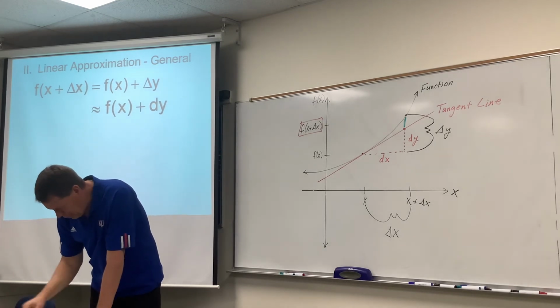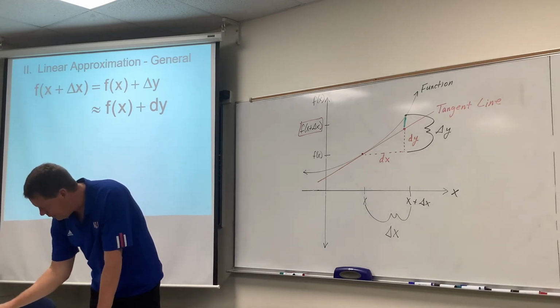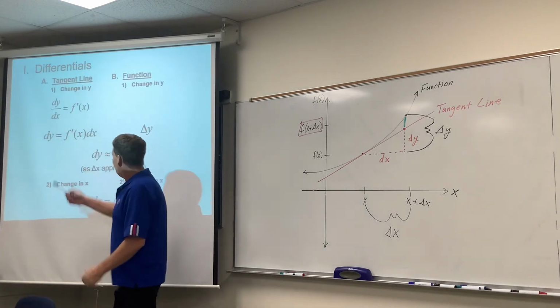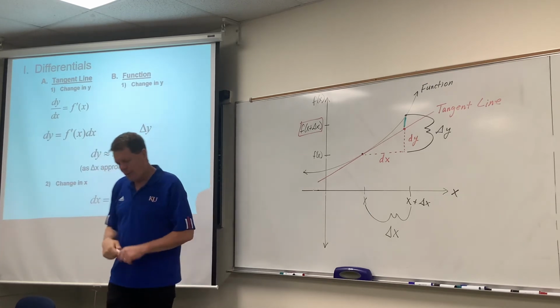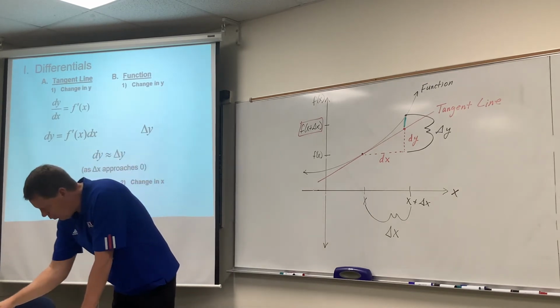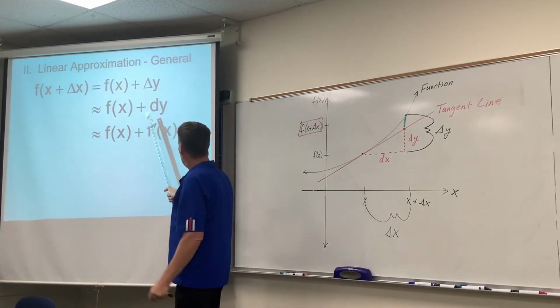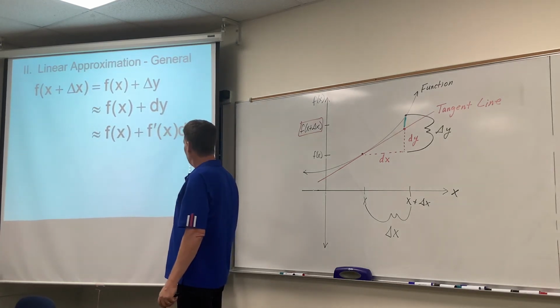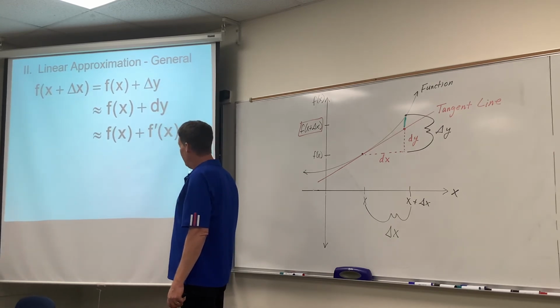Then, I want to remind you that we mentioned, so let's take a look at dy. Didn't we mention earlier that dy is equal to f prime of x dx, right? So, if we replace that dy in that previous discussion with just that, remember dy is equal to f prime of x dx, so this is just replacing this with something it's equal to.